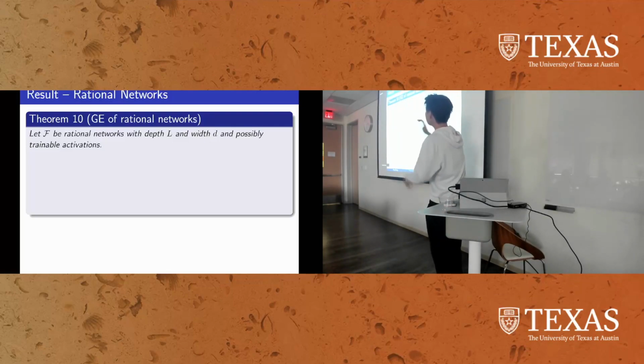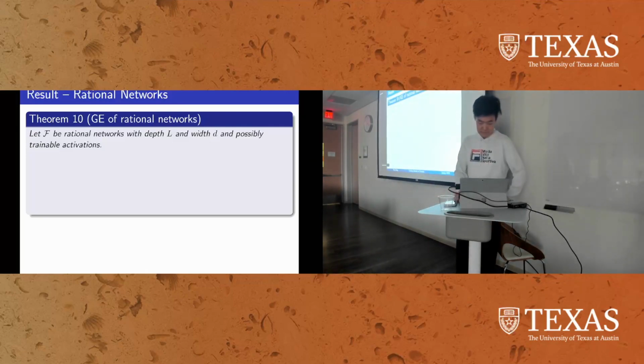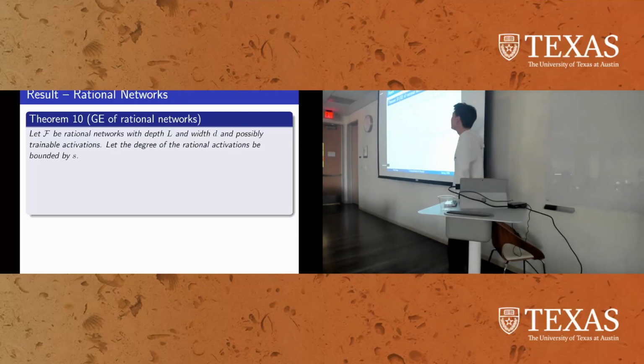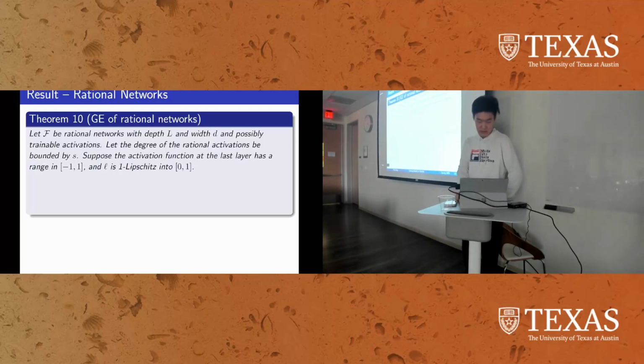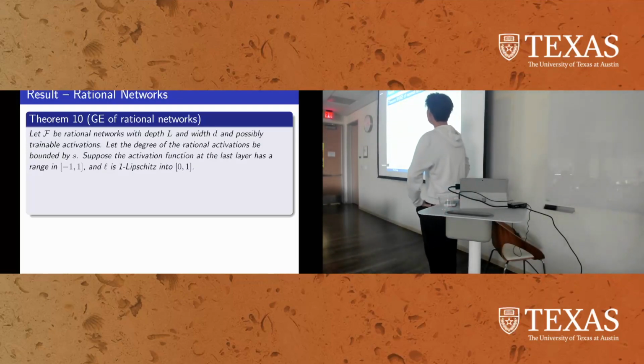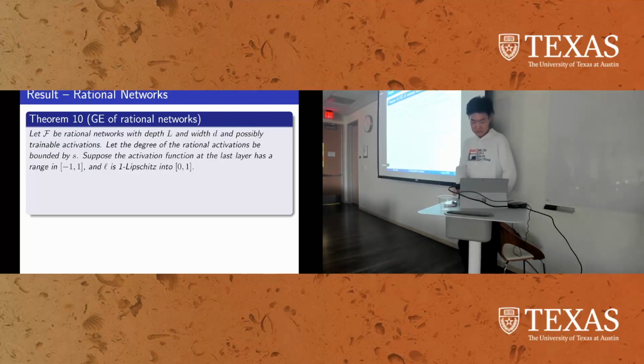I assume the depth, like there are L layers, and each layer has a width at most D. The rational activation functions can possibly be trainable, but I require the degree of the rational functions to be at most S. Suppose the output of the network is within the range -1 to 1, and my loss is 1-Lipschitz into 0, 1. These numbers can be made general. I take 0, 1 here simply to make the bound easier to parse. You can take other ranges.